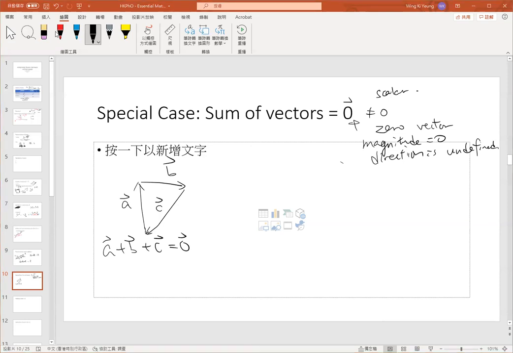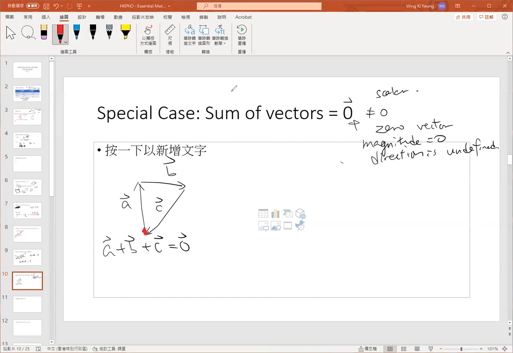Let's consider it like this. This is the starting point. Starting from A, then add B and add C, and you can see the starting point and the end point are the same point. That means the magnitude is zero, so it should be a zero vector.